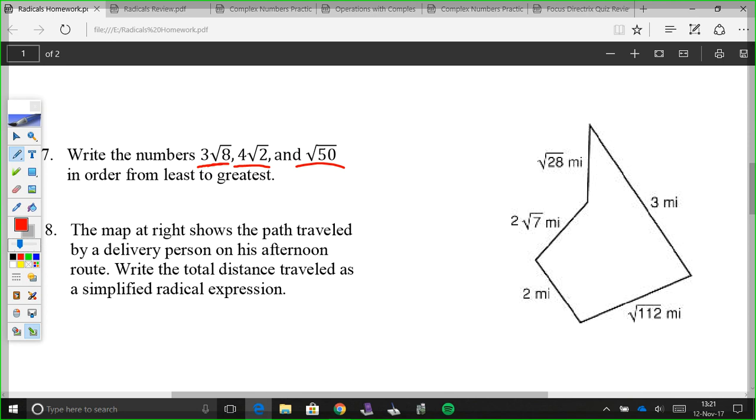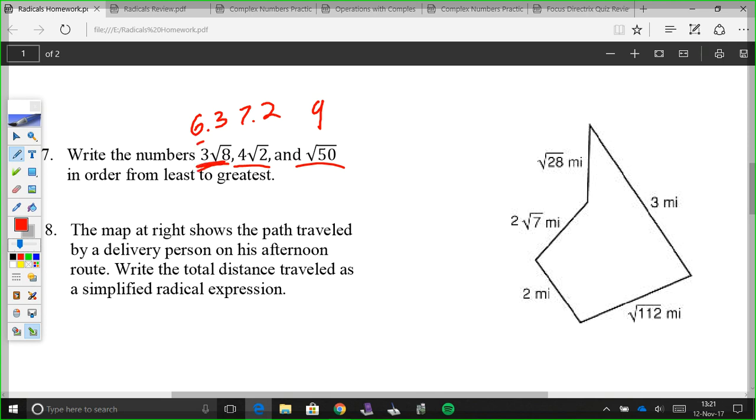So I don't know what these numbers were, but if this came out to be like 6.3 or something, and this one came out to be like 7.2, and this one was like 9 or something, then you would write them in least to greatest.